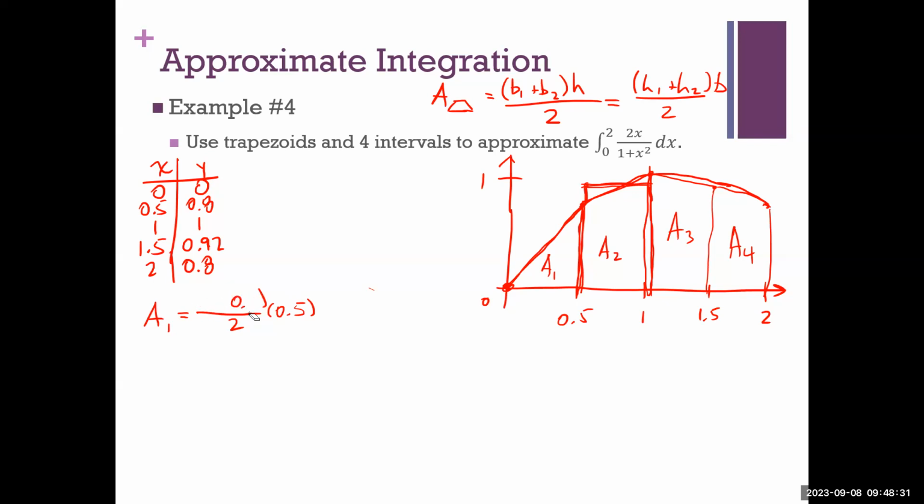So that's a good reason to write this in general before I start making it really specific. Our area 1 is going to be f of 0 plus f of 0.5. Those are my heights, right? I average those heights, and then multiply by delta x, which in our case is specifically 0 plus 0.8 over 2 times 0.5.